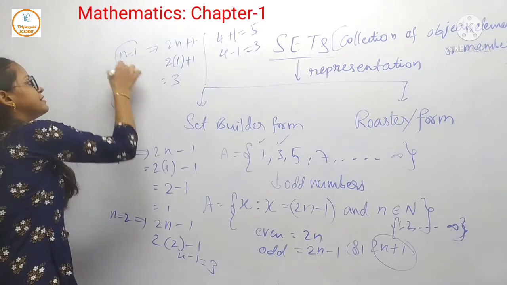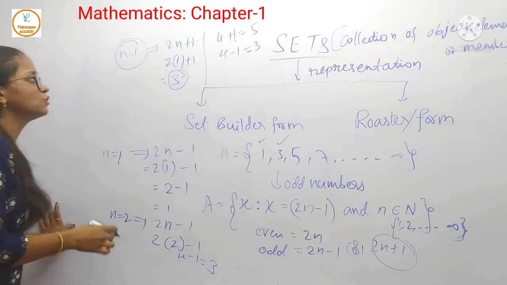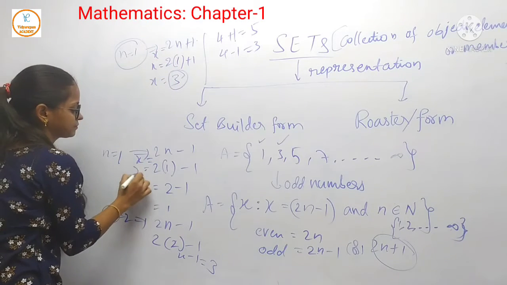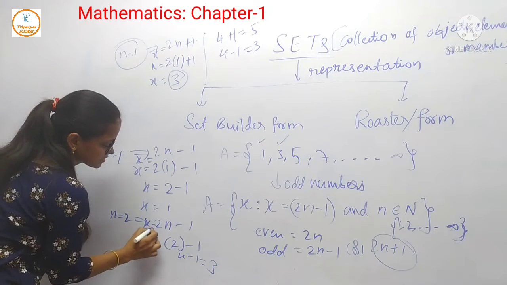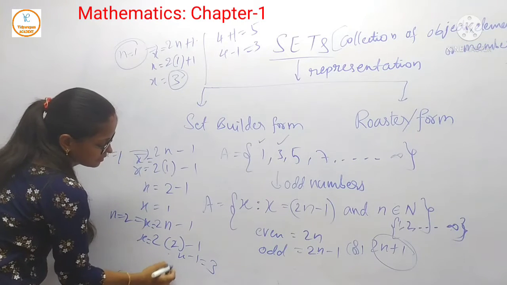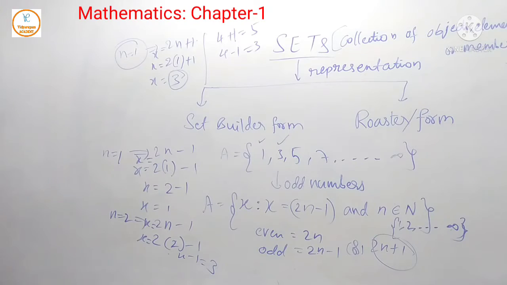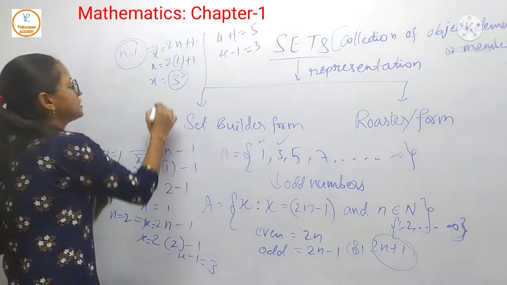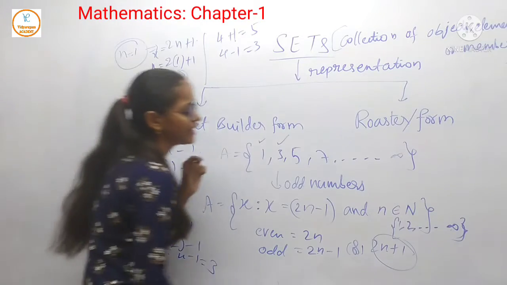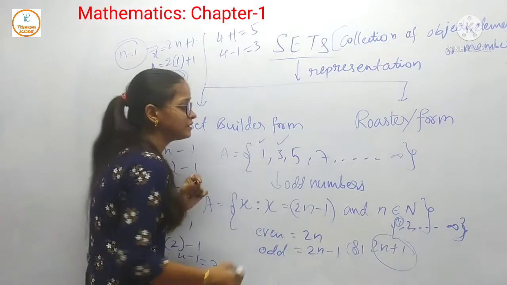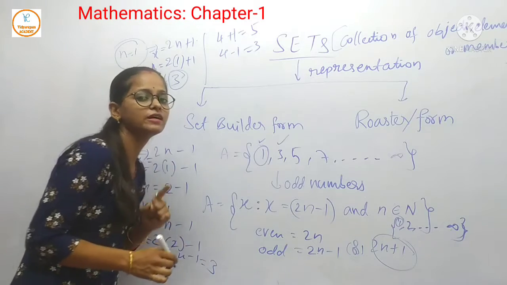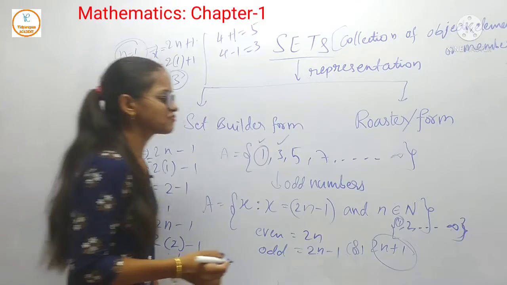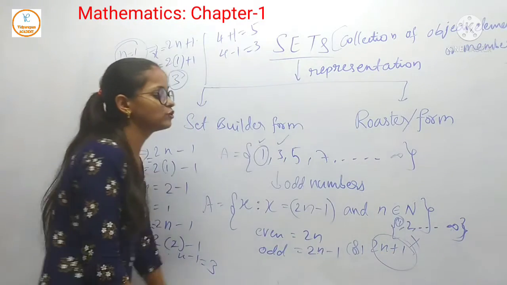So if I place n as 1, I am getting the x value as 3. But this must be wrong, because when I take n as 1, the x value must be 1. It must not be 3. That's why this formula fails. We do not write that formula.